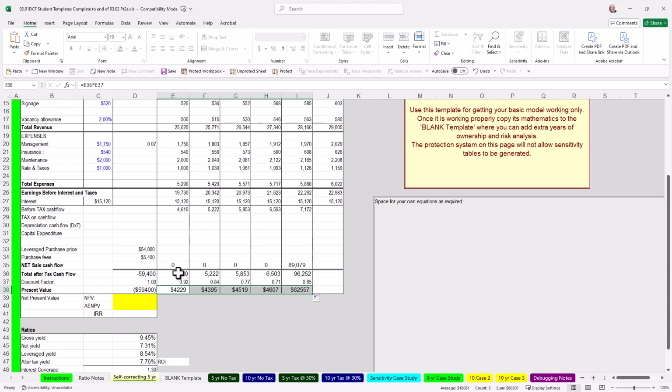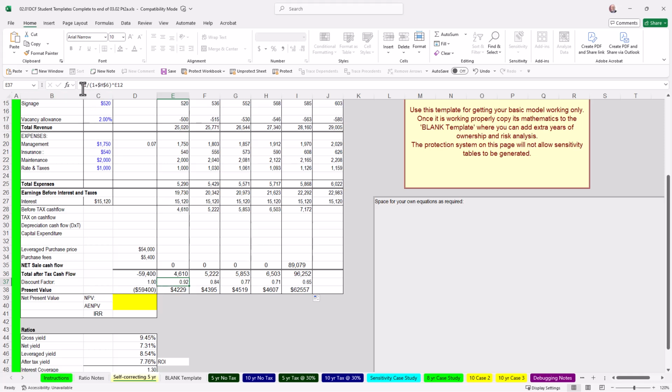I mentioned that I would show you 3 different ways of writing this equation, the discount factor equation, which is built from the discount rate.